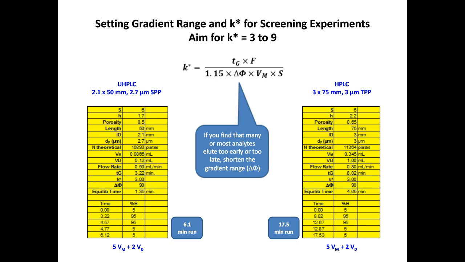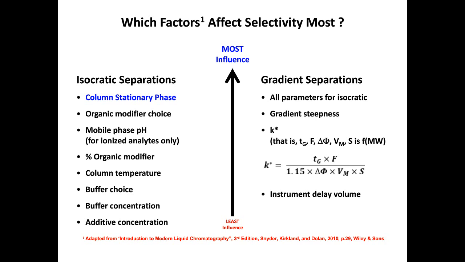It ends up being about an 8-minute gradient for a k star of 3 from 5 to 95%, and an overall runtime, including equilibration, of about 17.5 minutes. Both of these examples use 10 column volumes and 2 delay volumes as the amount of equilibration. Just a real quick review of what the factors are that affect selectivity the most, and here I put column stationary phase at the top.